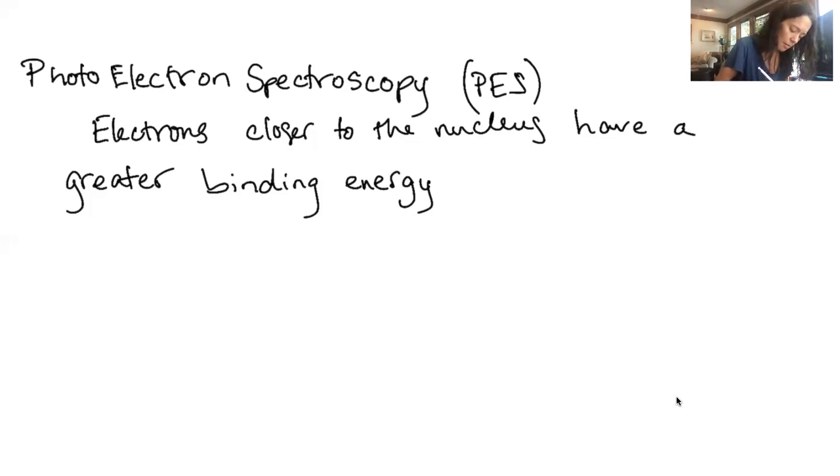So if this is our nucleus, it's really important that you realize that this nucleus is positively charged. It's not just random information. And we know that the electrons are located on energy levels.